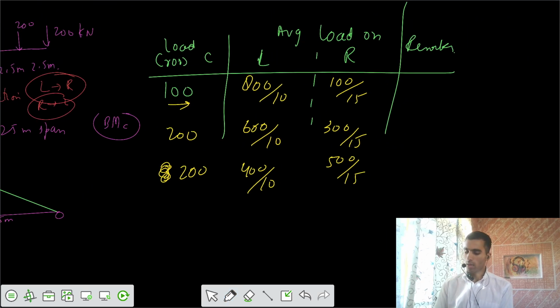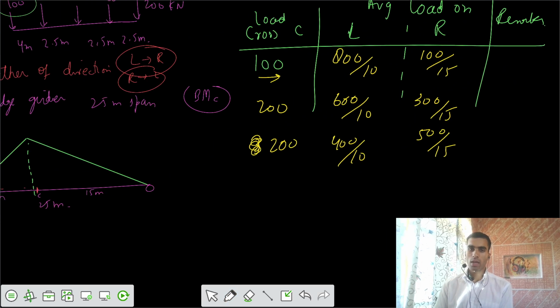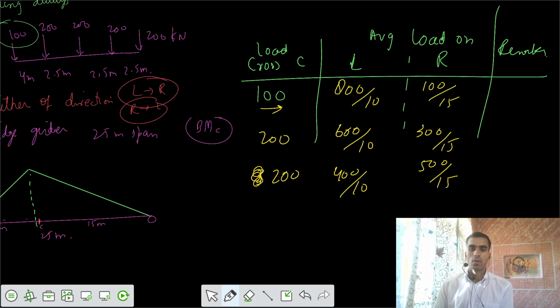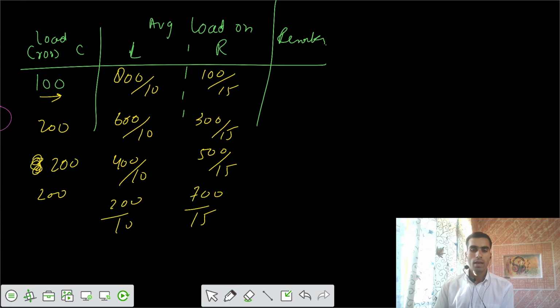Let's go for one more load, that's 200. Here we have 700 by 15, and from this side 200 by 10. So let's see on which particular load the change of sign occurs.